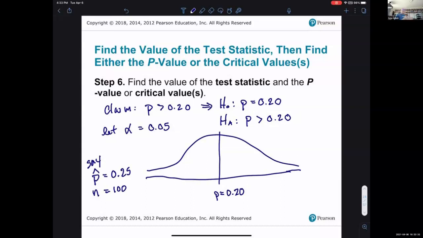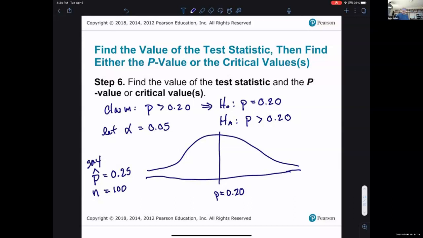From a sample of 25%, is that convincing enough for me to say, well, the sample was enough above 25% that I'm going to reject the assumption that the actual population proportion is 20%, because I think if it really was 20% for the whole population, well, then the likelihood that my 100 sample size would have 25% is too low.